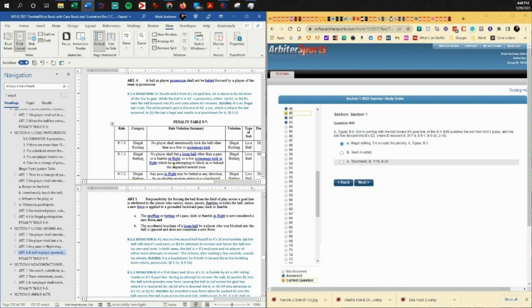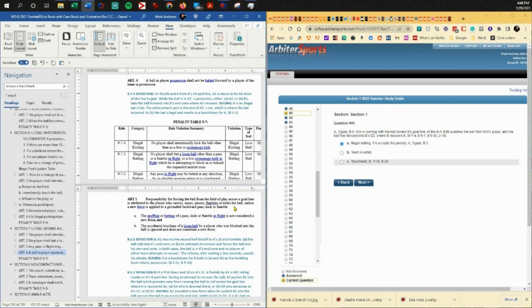8-5-1 refers to responsibility for forcing the ball from the field of play across a goal line. So it is attributed to the player who carries, snaps, passes, fumbles, or kicks the ball, unless a new force is applied to a grounded backward pass, kick, or fumble. We've talked about this one already.